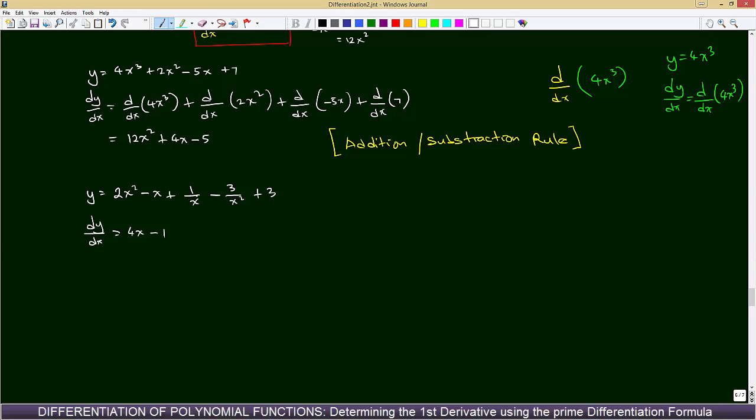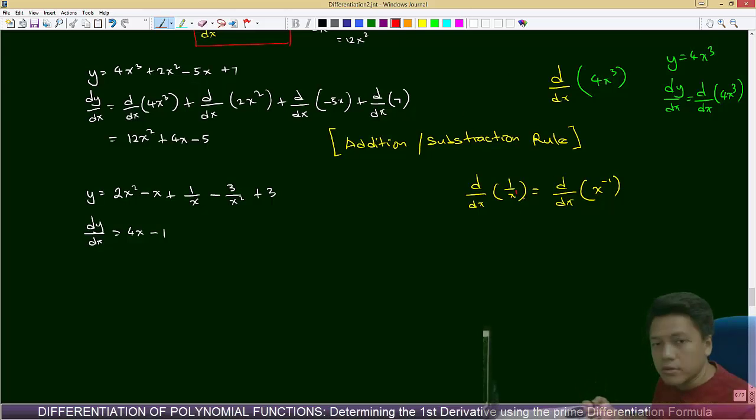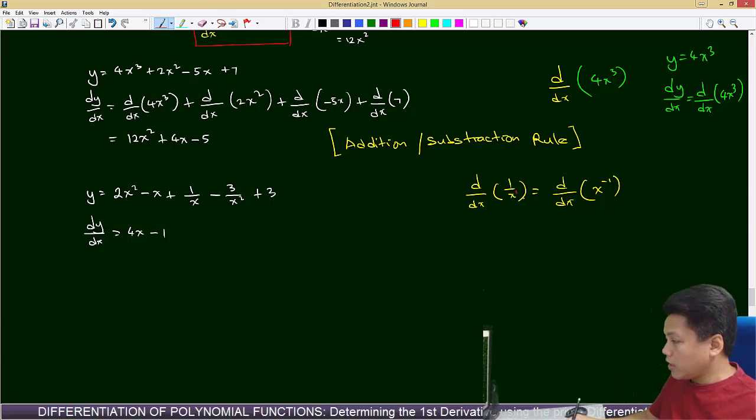Okay, now, what is 1 over x? Let's put it here. d/dx of 1 over x is equal to d/dx of x to the power of minus 1. Imagine there's a 1 here because x is actually x to the power of 1. If we put it into the numerator, then plus 1 becomes minus 1.